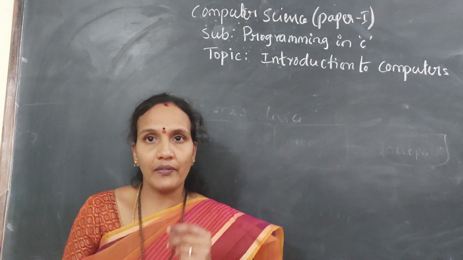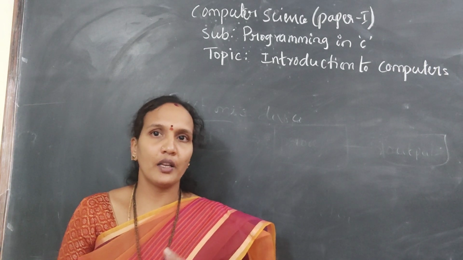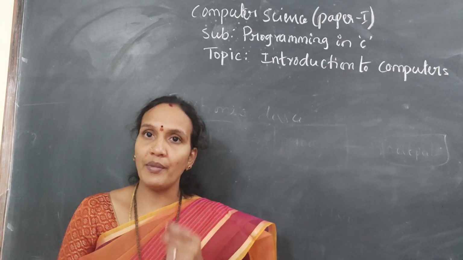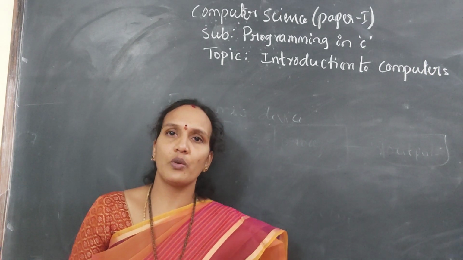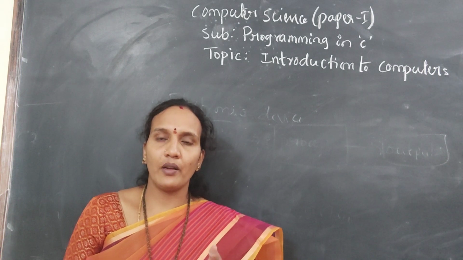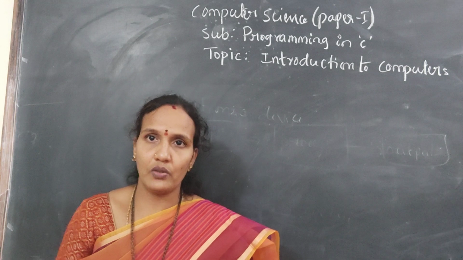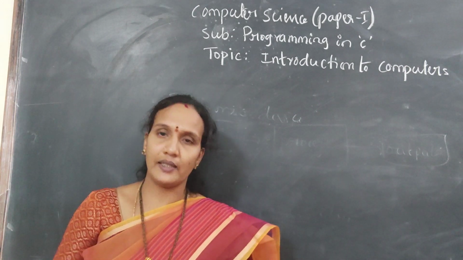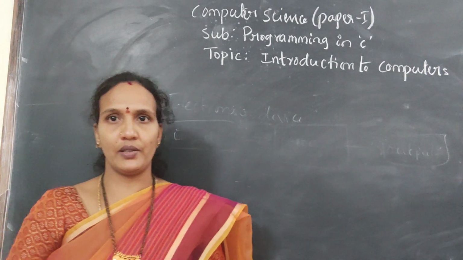Whatever input, whatever data the user has given, will be stored inside the system. Inside the system, we have a memory. Like in your mobile, you have a memory card, internal memory. Similarly, in the computer also, there is a storage unit where the data is stored. And who will give the data? The user will give the data. So whatever data the user has given, that data and instructions are stored inside the storage unit.